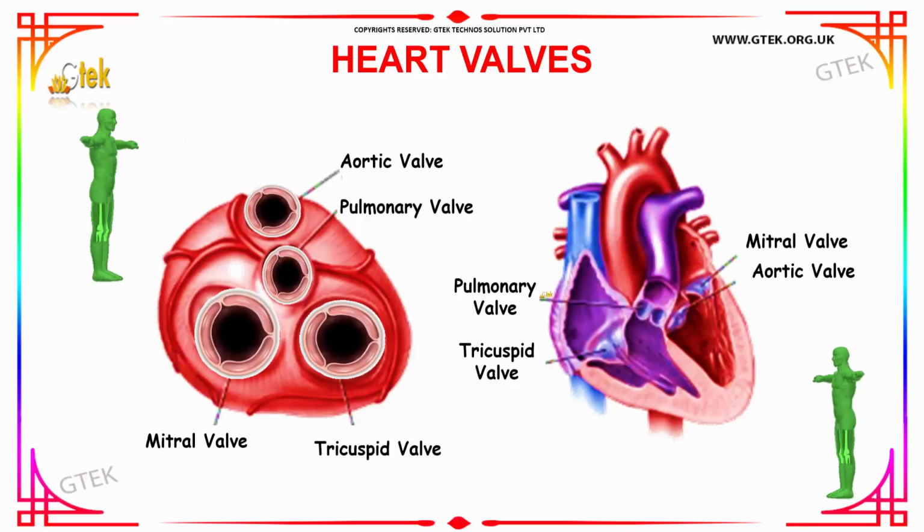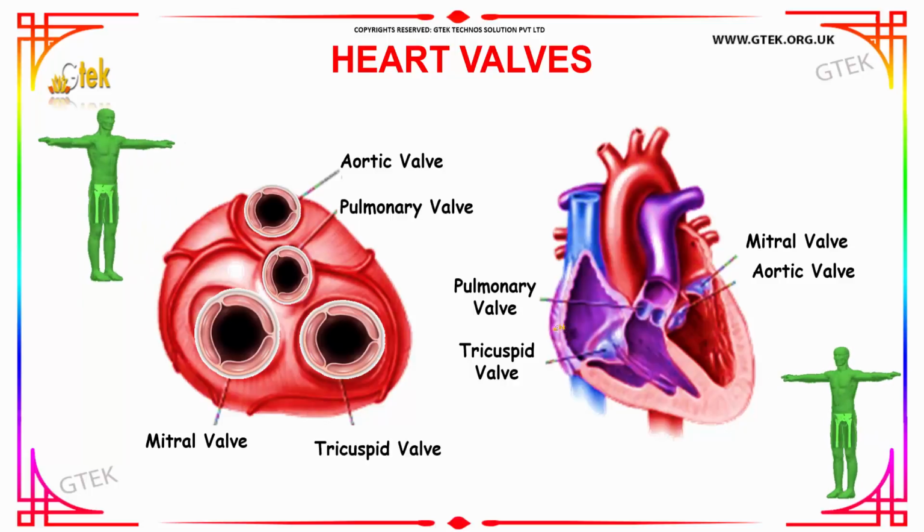If you see over here, your tricuspid valve is the valve that connects the right atrium with the right ventricle, whereas the mitral valve or the bicuspid valve connects the left atrium with the left ventricle.